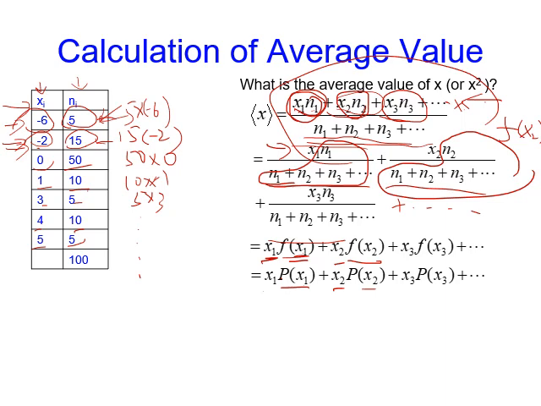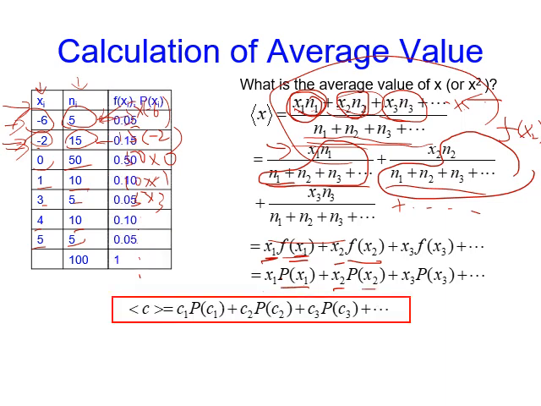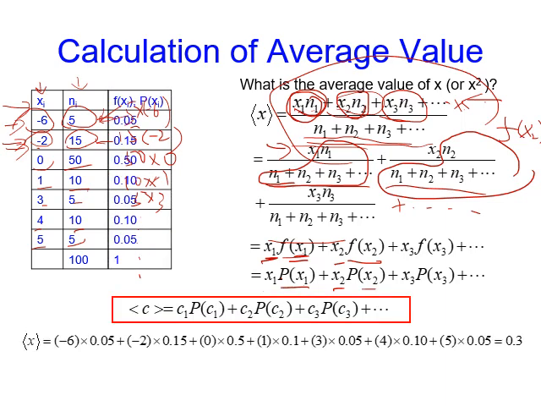So in this table, we can add 2 columns. The column here is to calculate the fraction of students that have certain grades. For example, 5 divided by the total number of students, 100, gives you 0.05, and then 15 divided by 100 gives you 0.15.